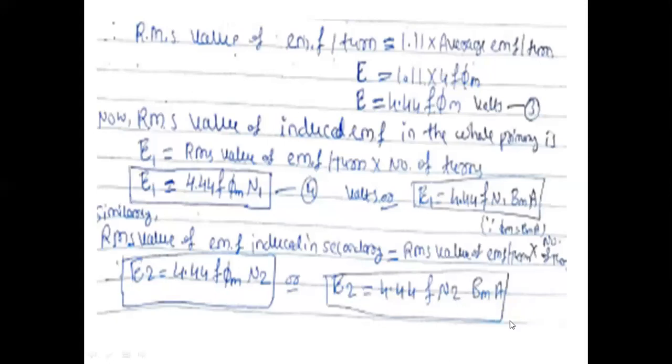See, this Bm A is nothing but phi m, the maximum flux. Bm is the maximum flux density. A is the cross-sectional area. So this completes the EMF equation of a single phase transformer. If you have any doubts, you can ask now.